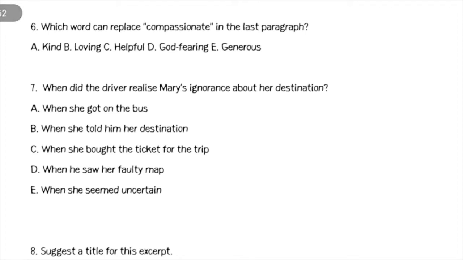Was it when she got on the bus, when she told him her destination, when she bought the ticket for the trip, when he saw her faulty map, when she seemed uncertain? We definitely know that the answer resides between B and E. So which is the answer? What do you think it is? When she told him her destination or when she seemed uncertain?